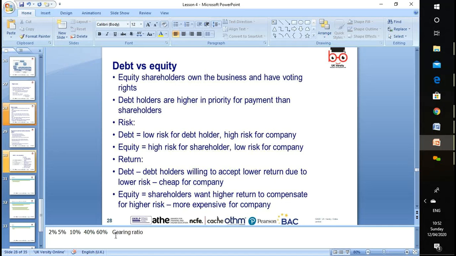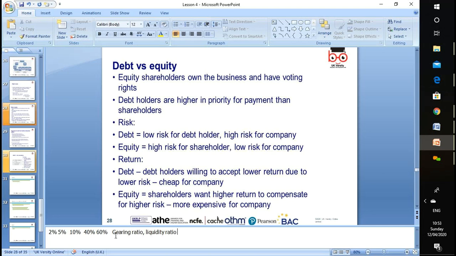And you always need to look at the gearing ratio. We learned about the different ratios. You need to look at the liquidity ratio, that is, how much worth of current assets you have. These ratios you have to calculate to decide whether you will go for debt or equity. Equity owners of the business have voting rights. Debt holders have higher priority of payment than shareholders. On risk, debt is low risk for debt holders and high risk for the company.